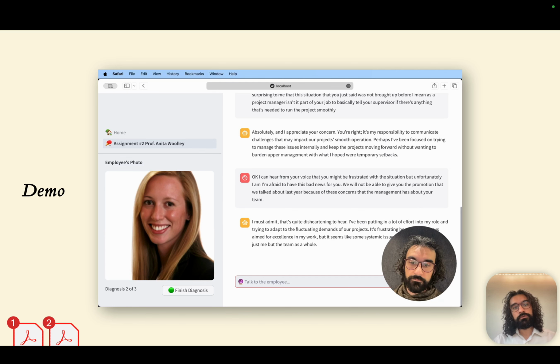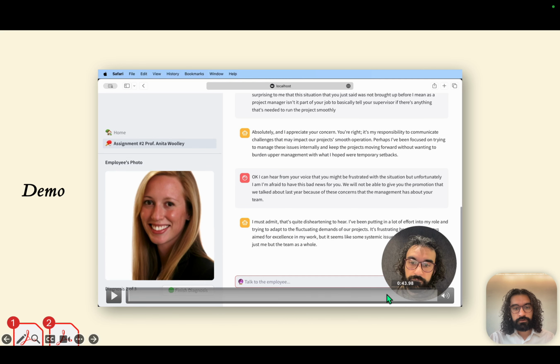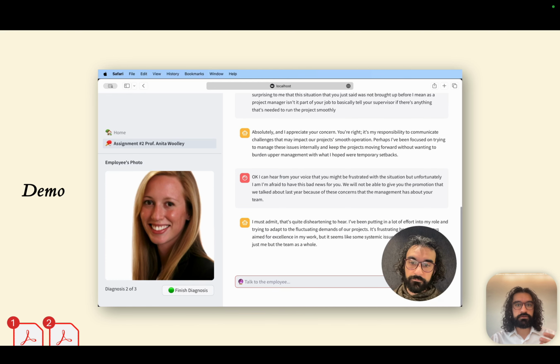And they would have to learn how to apply the course concepts in sort of a real-life experience or scenario. So here you see that I'm interacting with JD, and she's not performing well, and I have to give her the bad news about the fact that she's not getting the promotion she wanted. So I'm going to just play a short part of it, the way she starts responding to my questions.